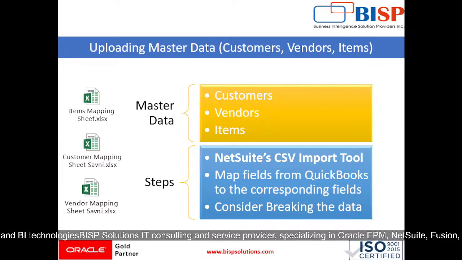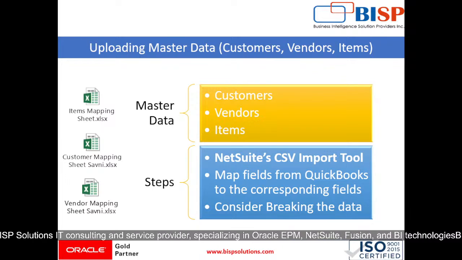For customers, we will first import active customer records including company name, contact details, addresses and payment terms. In vendors, we will upload vendor information such as company name, billing details, check information and bank accounts. Third, we will upload master data of items, where we import inventory and non-inventory items including descriptions, prices and stock levels.